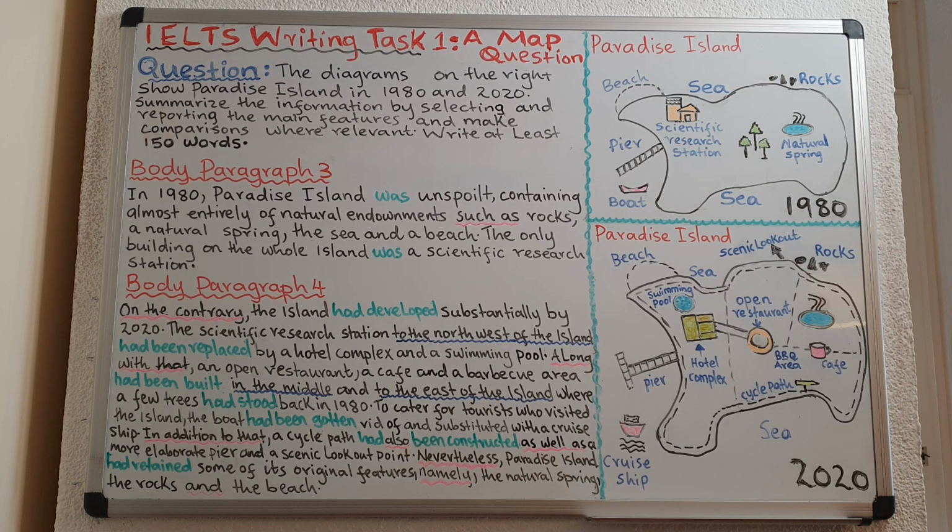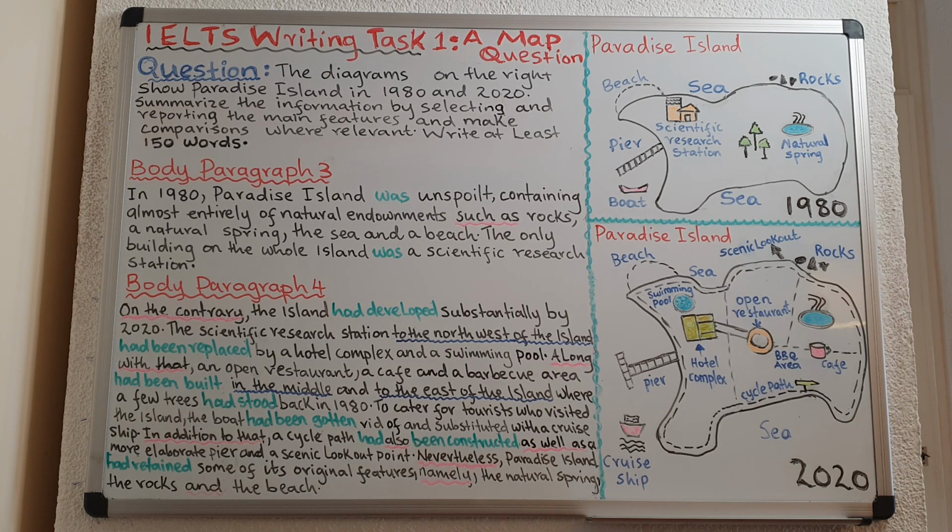They did not change. The next thing that I did in this essay is that I used linking words, but I used them very carefully to help me report the main features, but also to make comparisons.